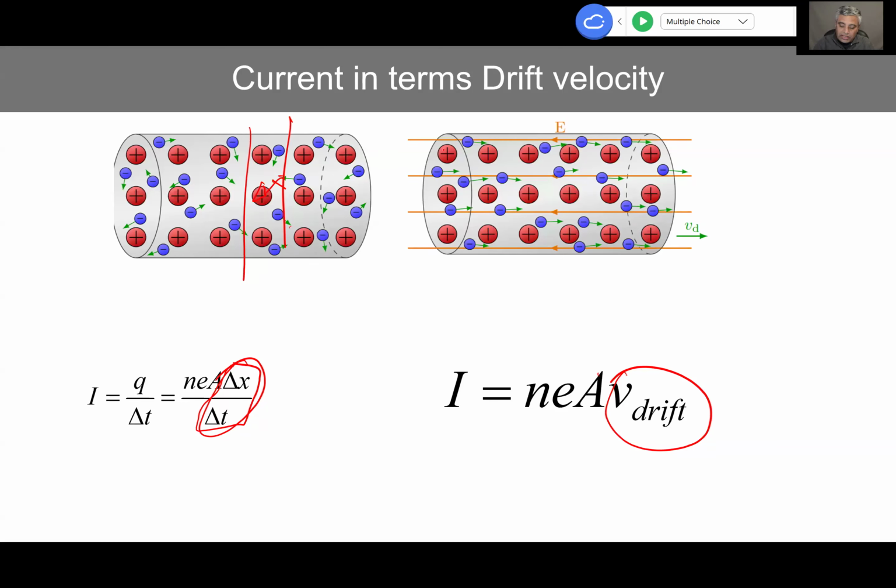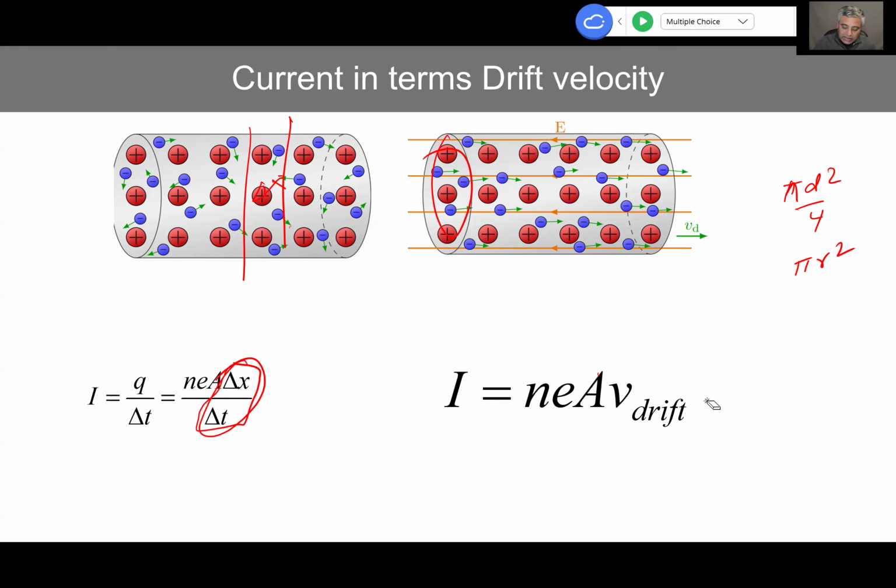So here, this is the cross-sectional area we already talked about. It's the same thing, pi d squared over 4 or pi r squared. And n is the number of electrons per unit volume, okay? And this is the charge of an electron.